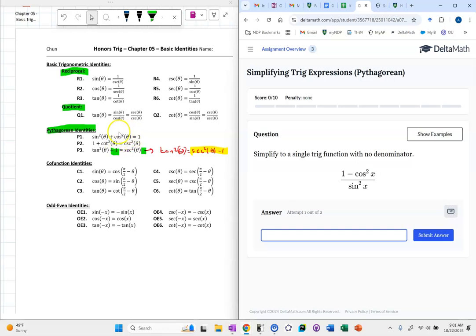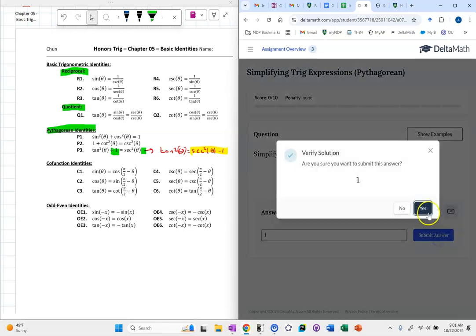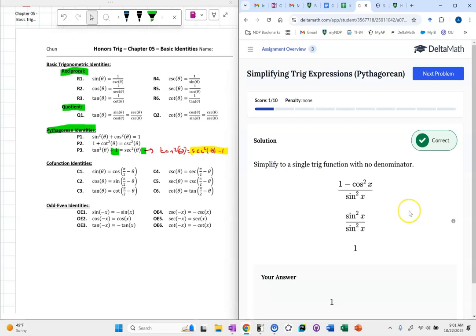If I subtract cosine squared from both sides, I'd have sine squared equals 1 minus cosine squared. So that's the top of my fraction, and I know that this is equal to sine squared. And sine squared over sine squared is just going to be 1. So it's the same process as the previous ones, but you've lost the multiple choice.